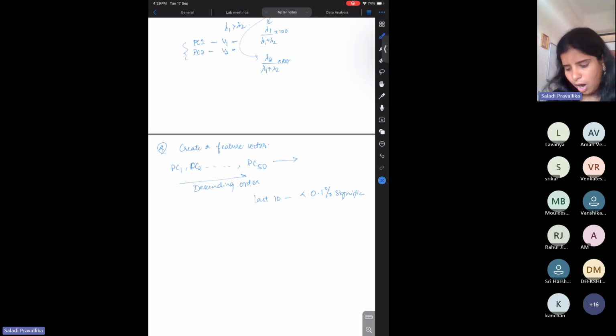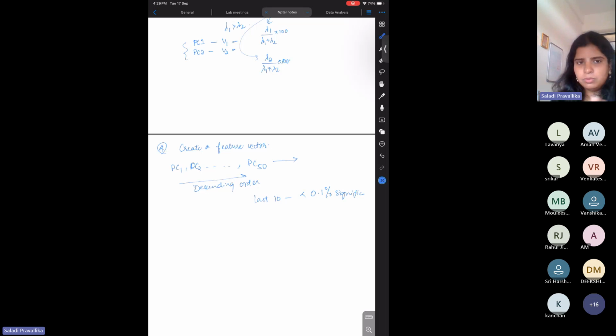How many principal components of lesser significance should I remove? After arranging them in descending order, we choose the lower ones, the ones with low eigenvalues, right?